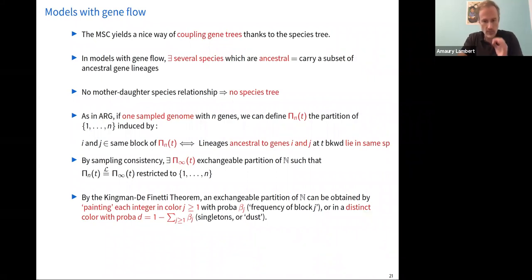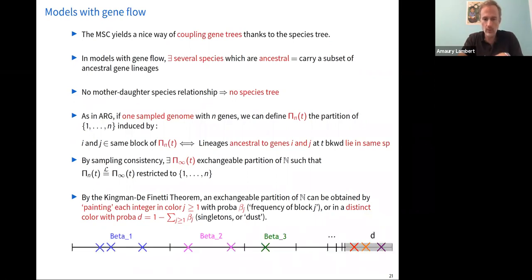And so what you do is that you paint each integer in color j with probability beta_j, and all the integers which have the same color, as on this cartoon, you put them in the same block. And now, if the sum of the beta_j's is not equal to 1, then you have a remaining gray interval, as on the cartoon, with length d equal to 1 minus the sum. And then all the integers which fall into this interval, you paint them in distinct colors. So you get singletons, so-called dust.